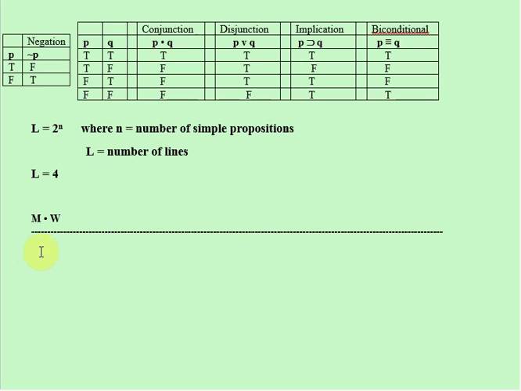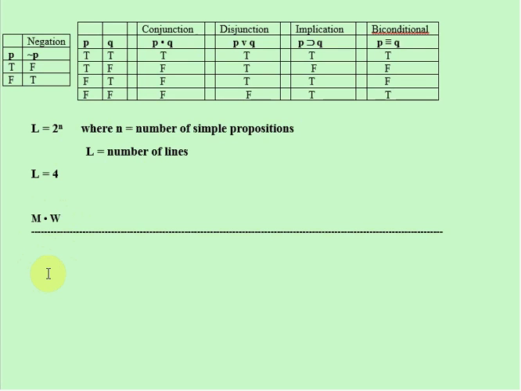Okay, so let's start by building a truth table for this compound or complex proposition, and let me go through the steps. First of all, we need to determine how many lines the truth table will have. The truth table will always have a certain number of lines.